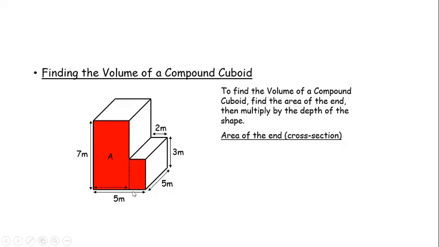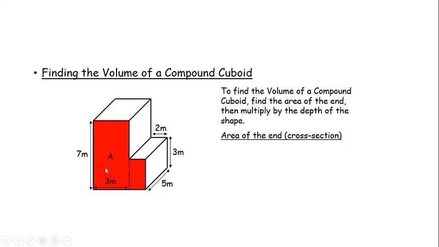Well, if this whole bottom length is 5, and this little section has to be 2, so you see how that's all linked? That means this has to be a length of 3. So if that's 2, that's 3, that gives me the whole length of 5.